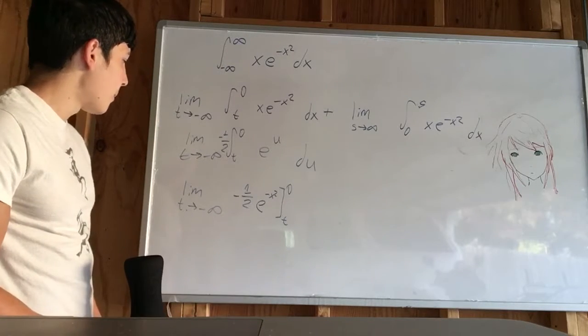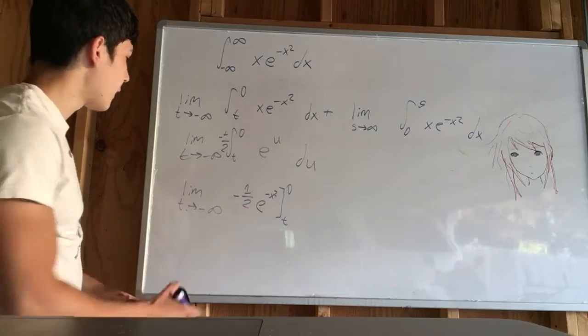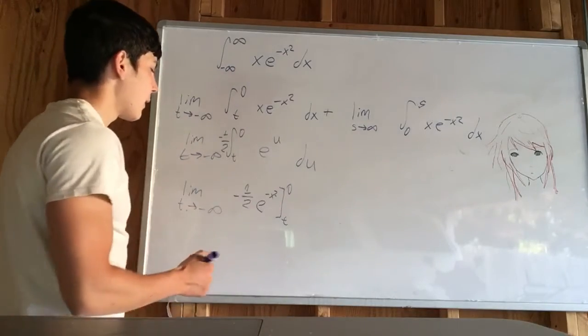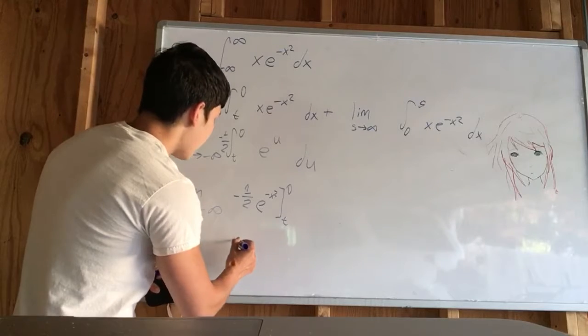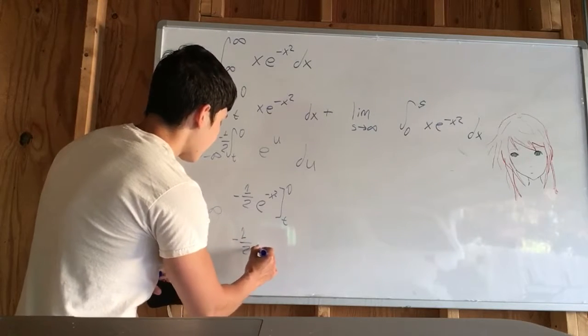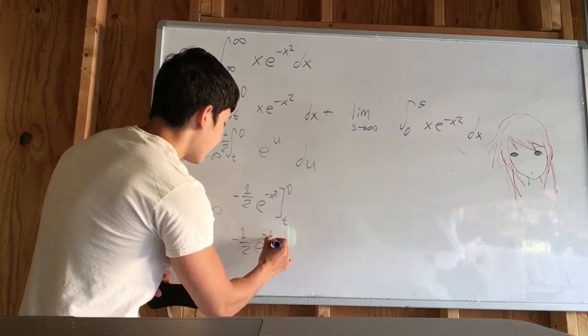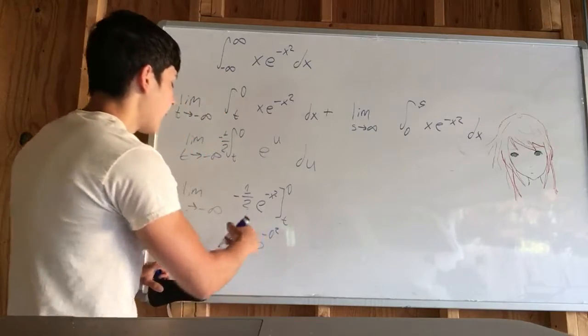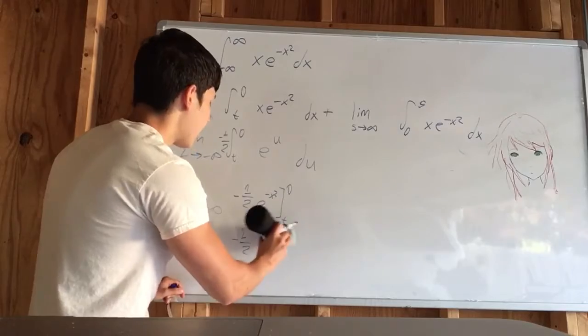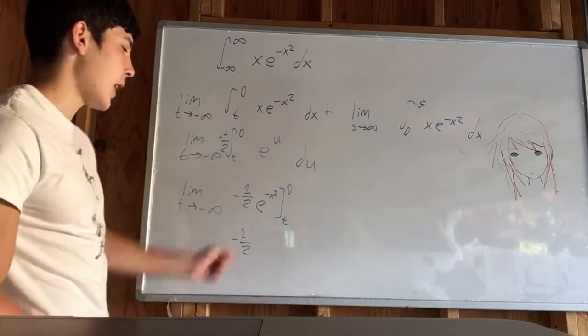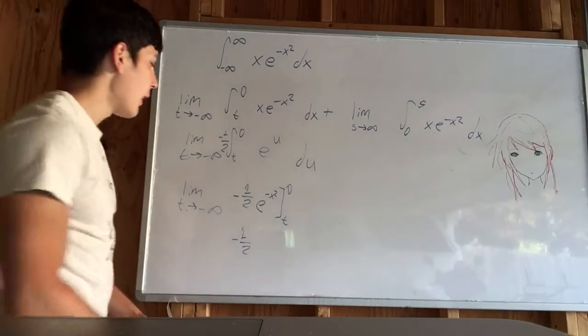So now we have to actually plug these in. Plug in the upper bound and subtract the lower bound. So if we plug in the upper bound, we're going to get negative 0 squared. Anything to 0 is just 1. So we have negative 1/2 times 1 is negative 1/2.